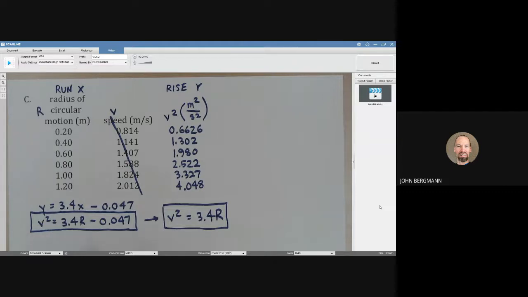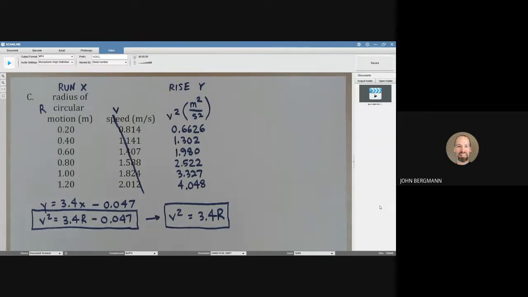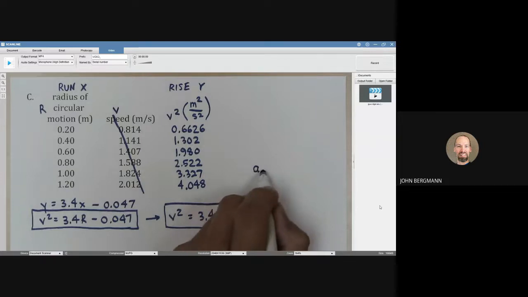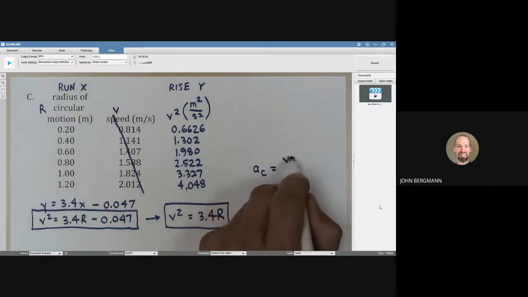Sometimes they will ask you certain questions about what your data means. And what you need to do then is you need to match up this equation with some physics equation that hopefully you've run into in the class that you're taking. And one equation that we're going to run into in mechanics, very important equation, is that the centripetal acceleration is equal to v squared over r.